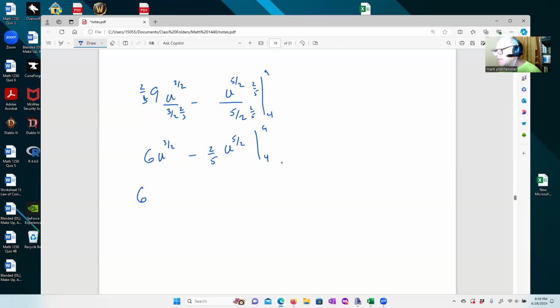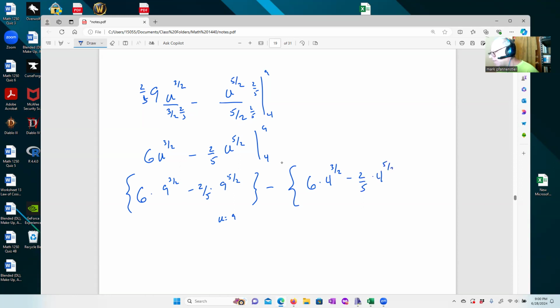I have 6 times 9 to the 3 halves minus 2/5 times 9 to the 5 halves, that's u evaluated at 9, minus 6 times 4 to the 3 halves minus 2/5 times 4 to the 5 halves, that's u evaluated at 4.